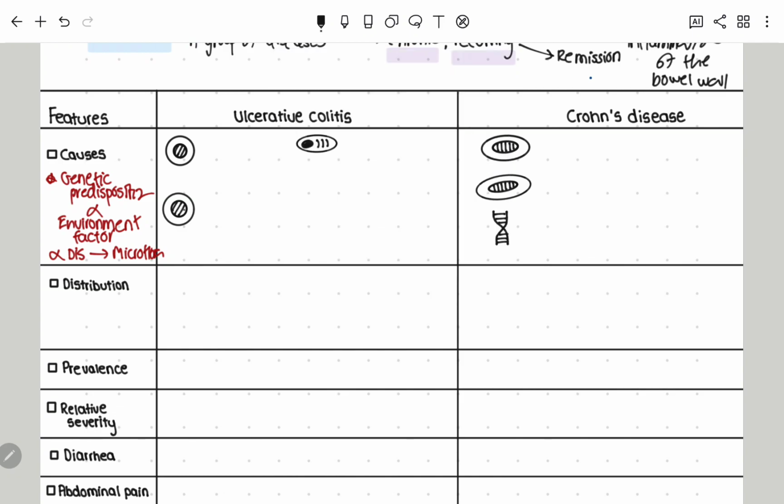So as far as autoimmune involvement goes, the first place to start off is that we can talk about some of the immune system cells and the genetic abnormalities that are associated with both ulcerative colitis and Crohn's disease.